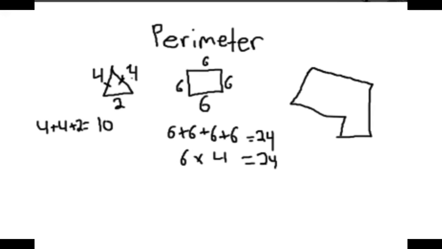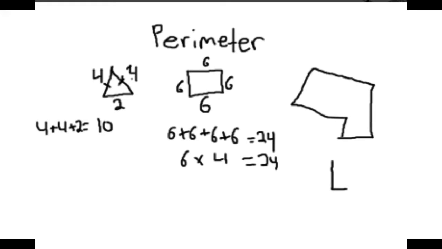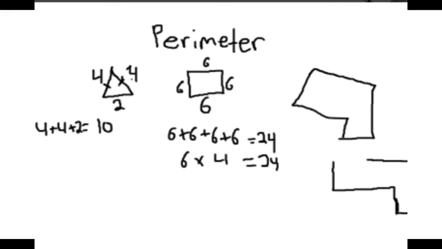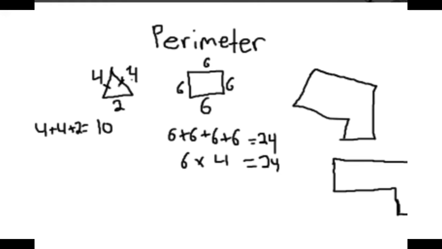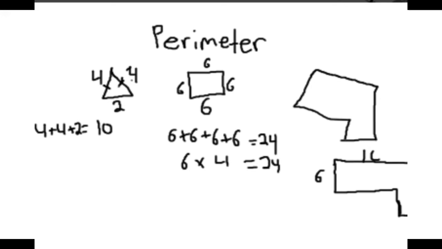Also, they could give you weird shapes like this, and you might be expected to find the perimeter of that. First, let me draw it a little more similar to what they could actually give you, and then we'll calculate that way. So let's say they gave us this shape, and let's assume all of these lines are straight, and they gave us this was 6, this was 10, and this has a length of 2.